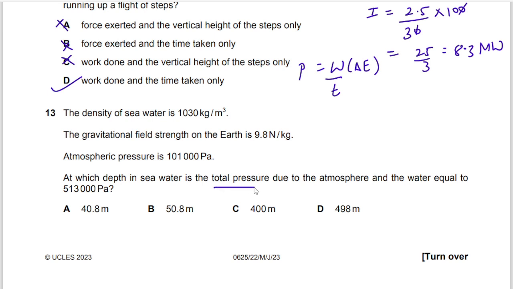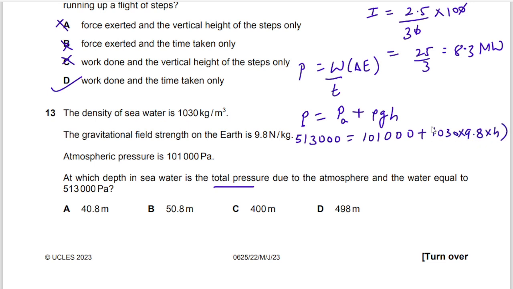The total pressure will be equal to the atmospheric pressure, let me write it as PA, plus the pressure due to the water, which we know is rho g h. The total pressure is already given as 513,000. Atmospheric pressure is also given, which is 101,000, plus rho, the density, which is 1030, g is 9.8, and height we need to find.